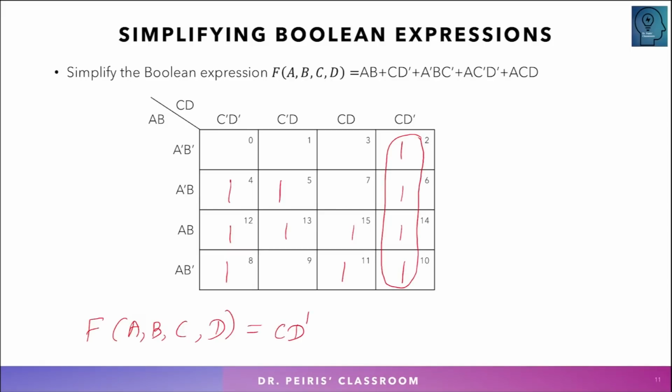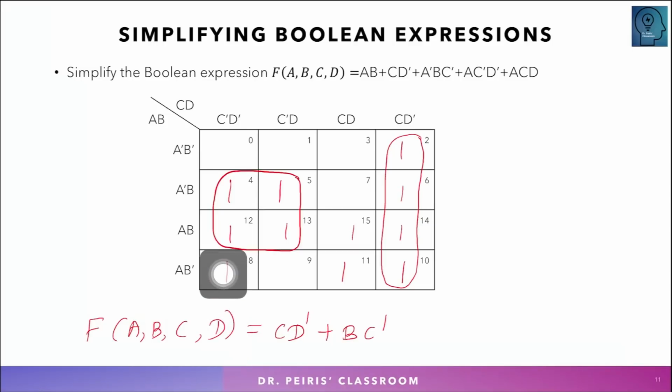You can group that CD prime. Now anything else that you can do, you can group these four. There are 4 terms here, so that's the best way to combine those 4 terms. Now what's common for that? B is common, and for these two C prime is common, so it's BC prime.